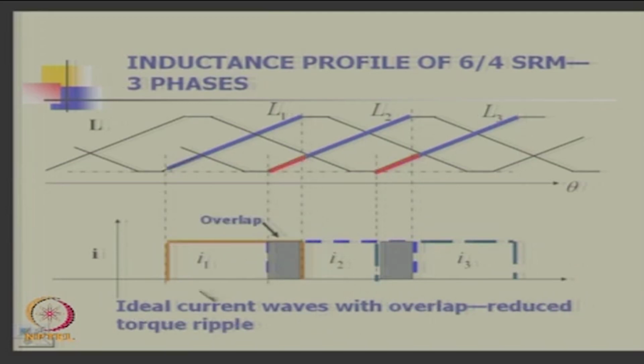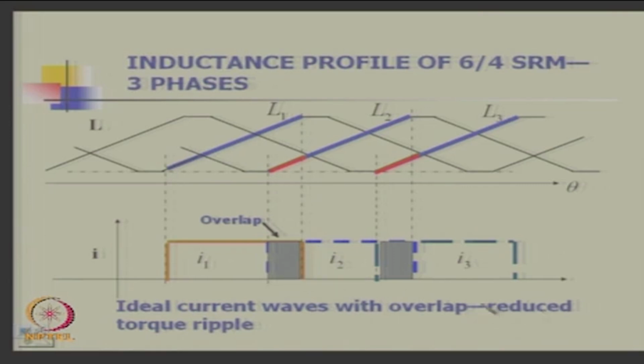Now, with overlap, what happens is there is an I1 here, then I2 has started here, there is an I2 here, and then I3 here. So, these are the overlap periods where both the windings will be carrying the currents.